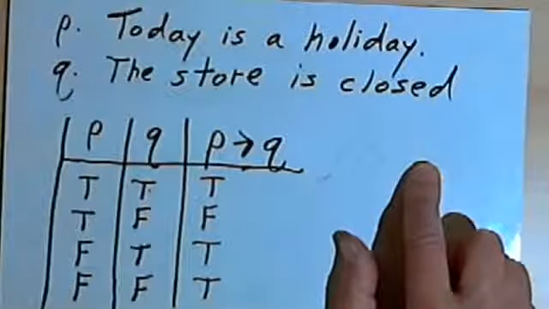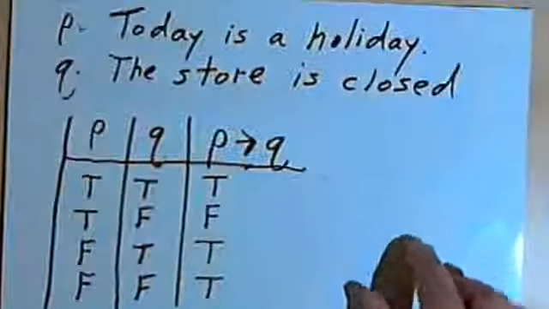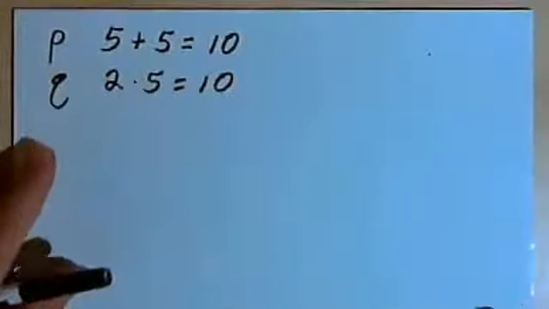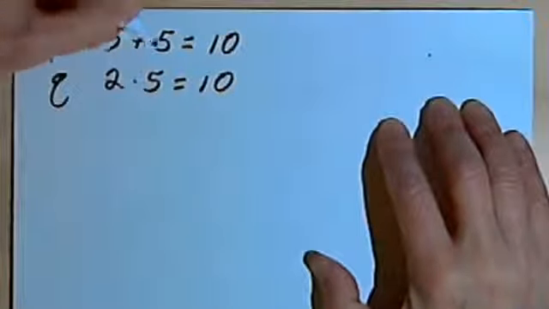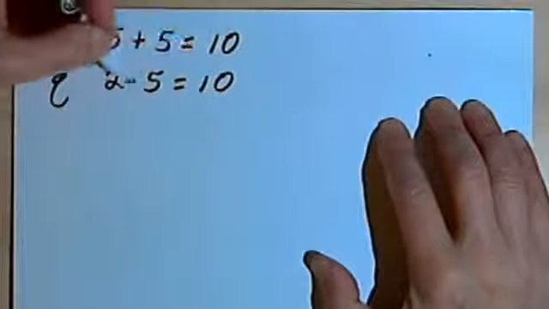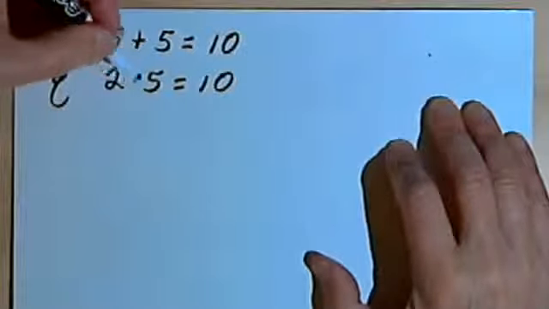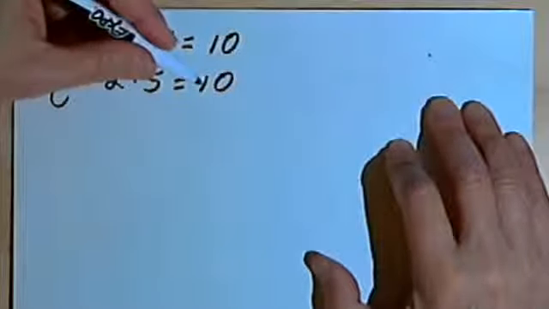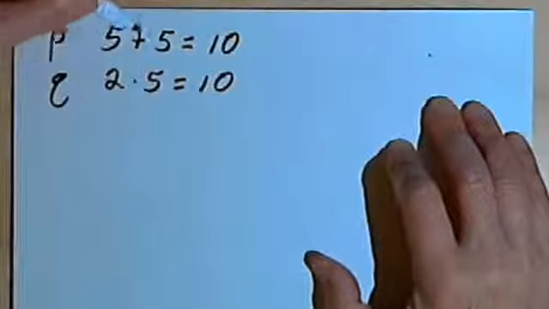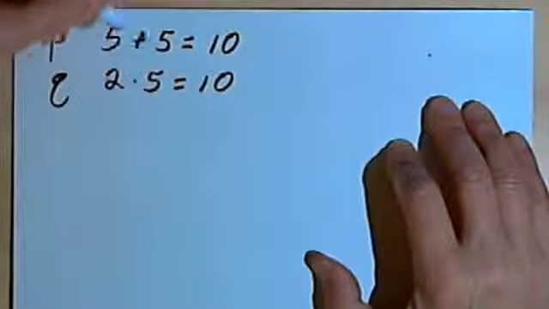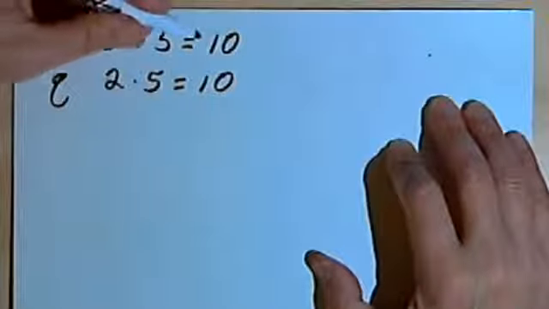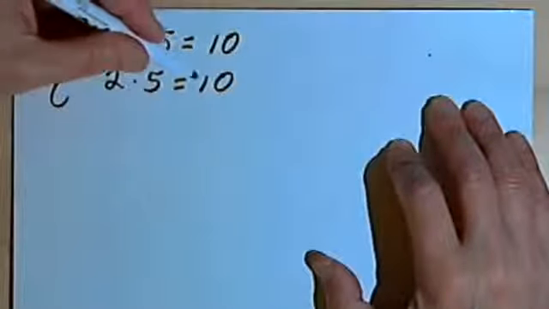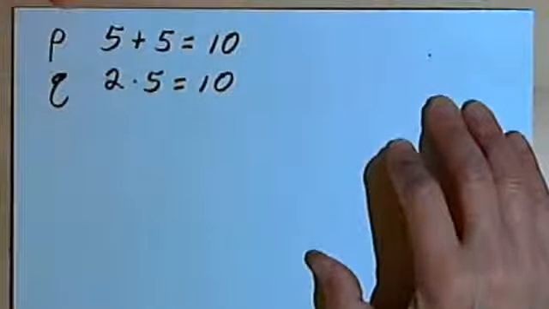Now, we've also got something called biconditional statements. Biconditional statements work like this. We've got statement P, 5 plus 5 equals 10, and statement Q, 2 times 5 equals 10. Now, given these two statements, I could say, if 5 plus 5 equals 10, then 2 times 5 equals 10, and that in fact would be true.